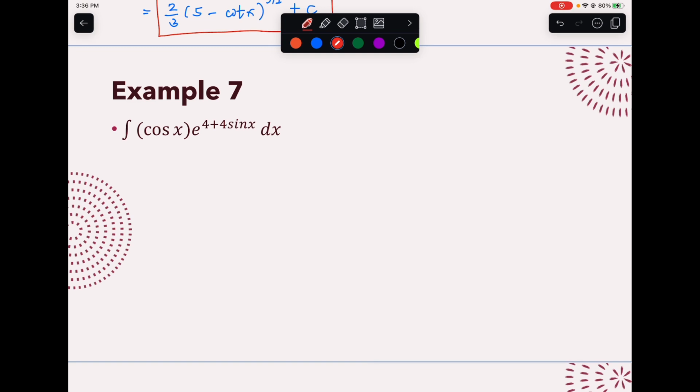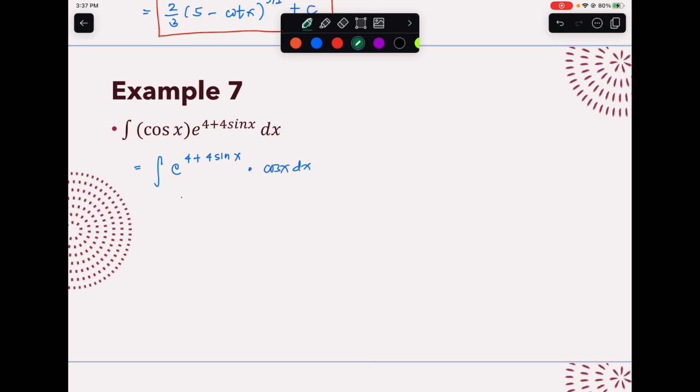Okay, so again, look at the pair here. We have a pair of a cosine and a sine, and it involves an exponential function. So again, this is an exponential function, actually the Euler function. Euler function is a special case of an exponential function. So, cosine x e raised to 4 plus 4 sine x dx. I can rewrite this as simply the integral of e raised to 4 plus 4 sine x, multiplied with cosine x dx.